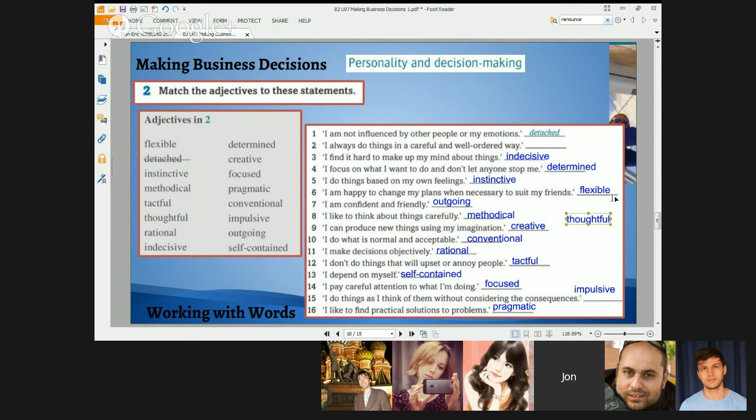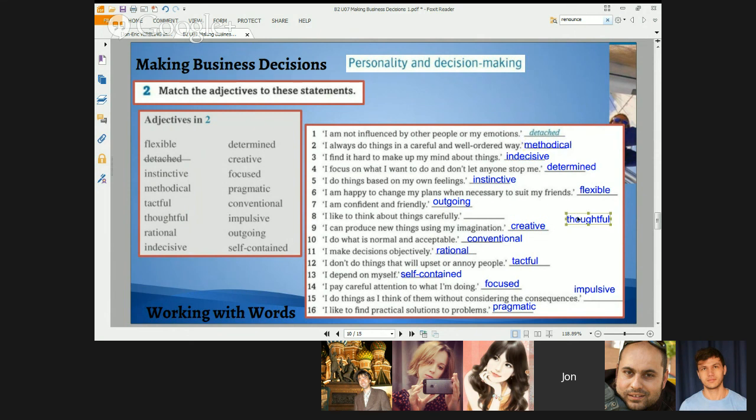The key here is well-ordered, systematic. I have an idea that it's much too conventional. No, but conventional means like conservative, like, you know, it's usual. Methodical. I agree. Methodical, it's like well-ordered. So, does that mean that number 8 is thoughtful?